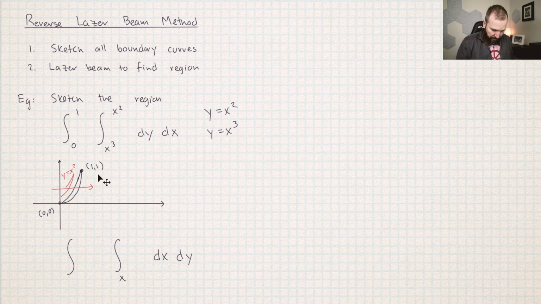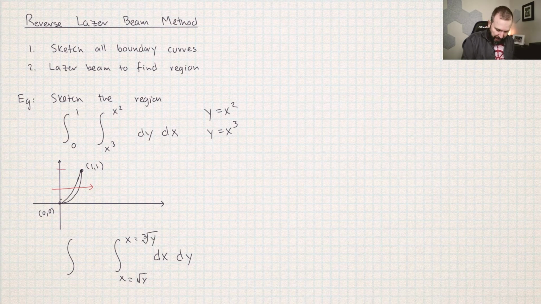So it enters the region at x equals the parabola first, so x equals the square root of y, and it exits at the degree 3 function, so x equals the cube root of y.